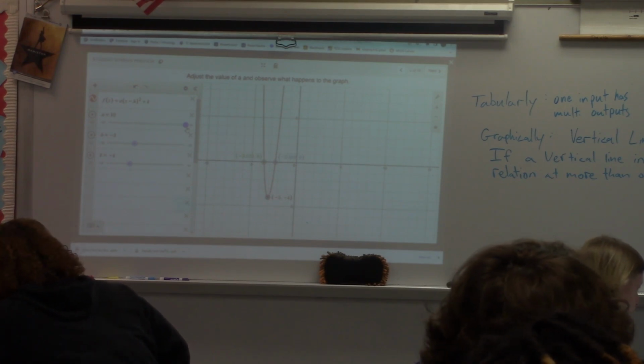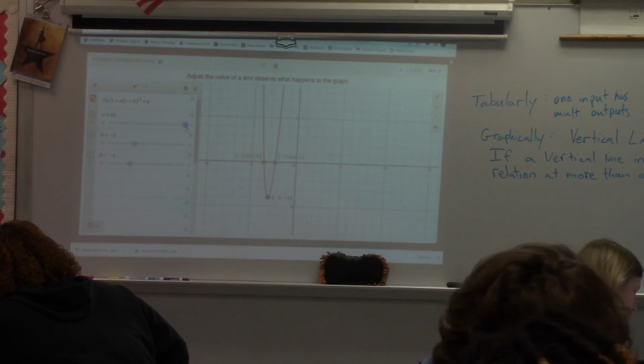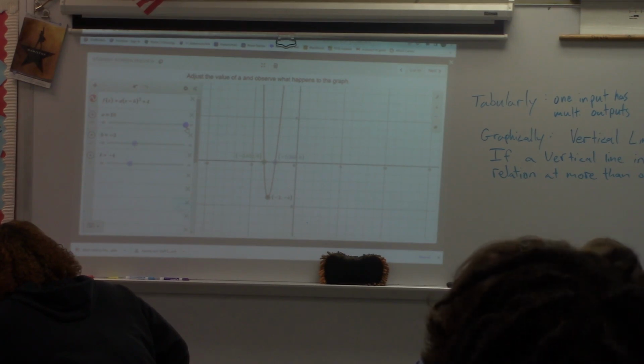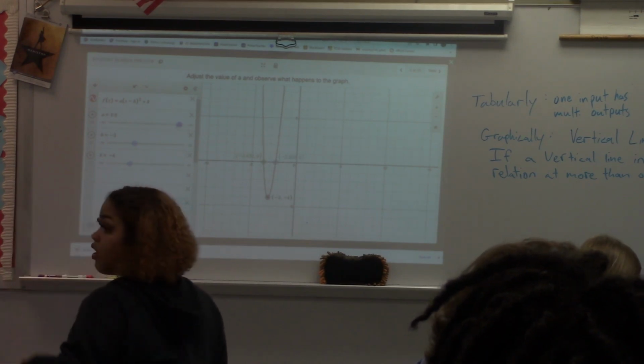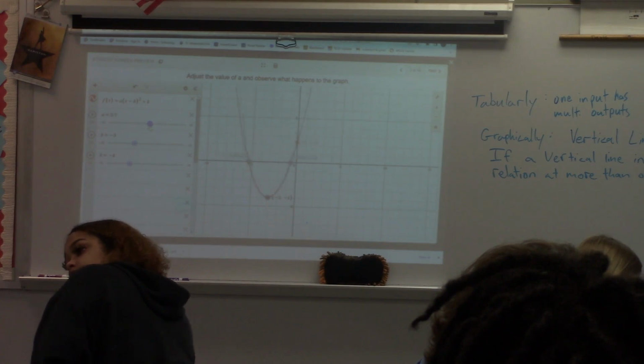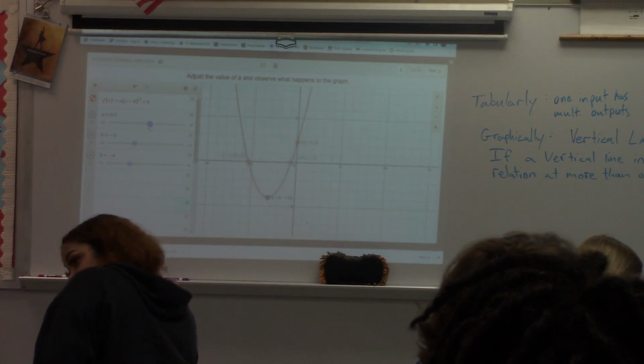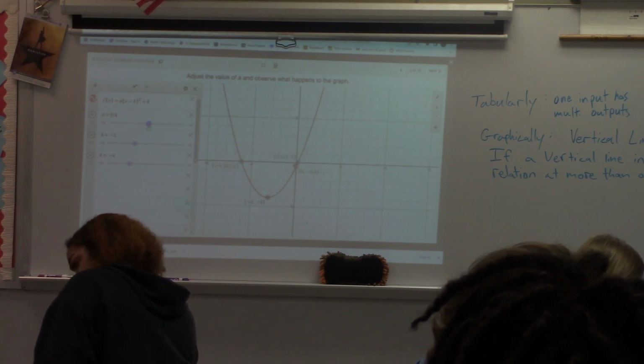We want to be clear with our language. So you were saying it's wider. When was the parabola widest? When A was what? Close to 0. The closer A got to 0, the wider it appears.